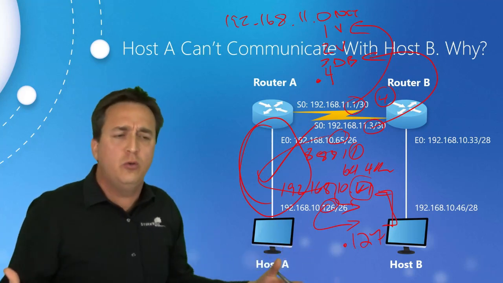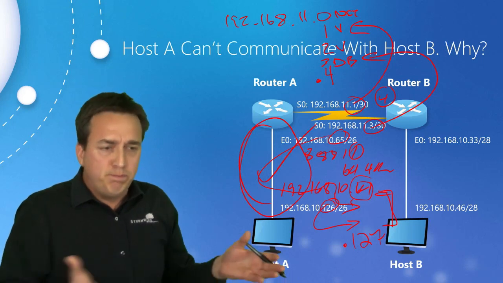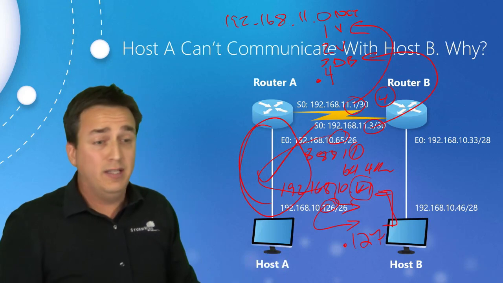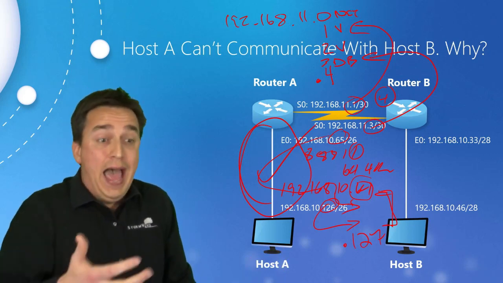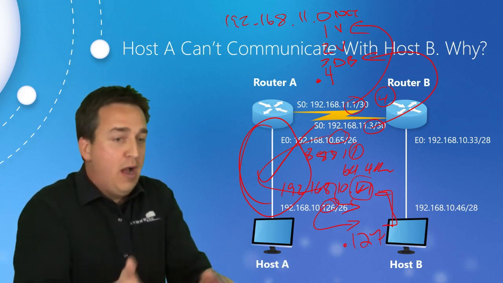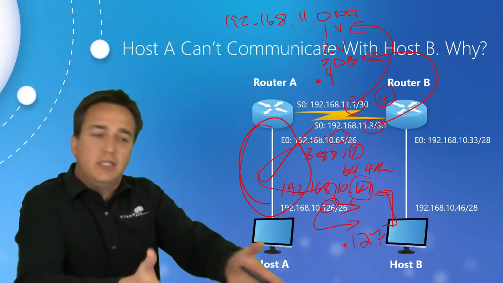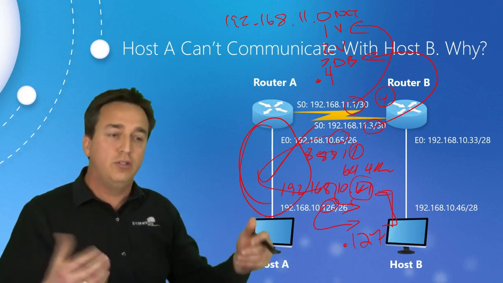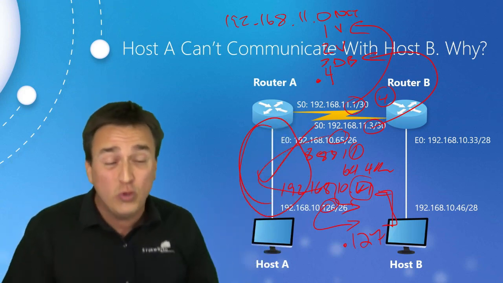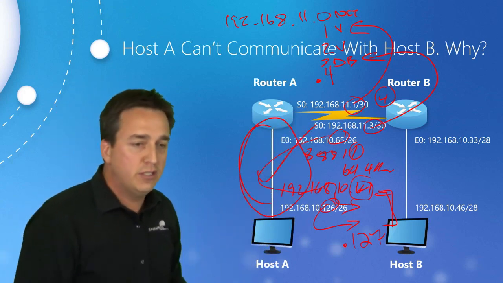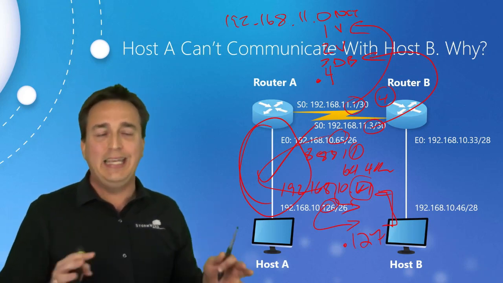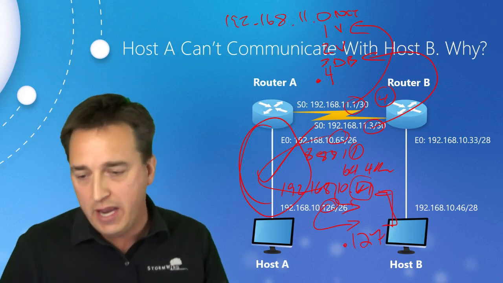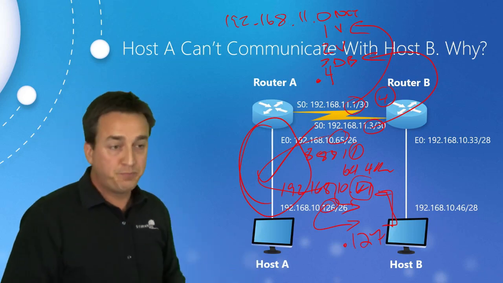It can be presented to you as just A can't talk to B, why? And if it's multiple choice, it could say access control list is a problem, addressing is a problem, routing is a problem, with other features and services listed as distractors. Without being able to do your quick calculations of addressing, it's going to be really hard to pass the certification exam. So troubleshooting is key here: understanding the requirements of addressing and being able to confirm if they are correct or not.